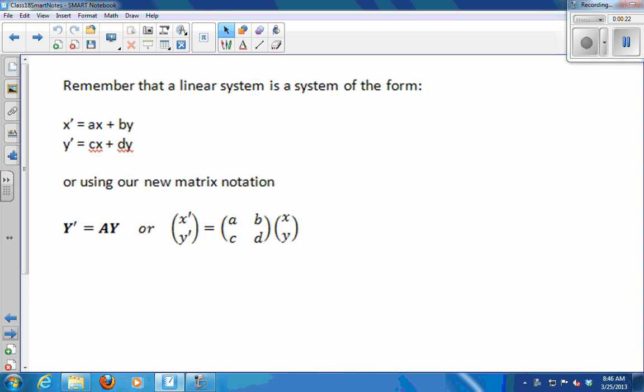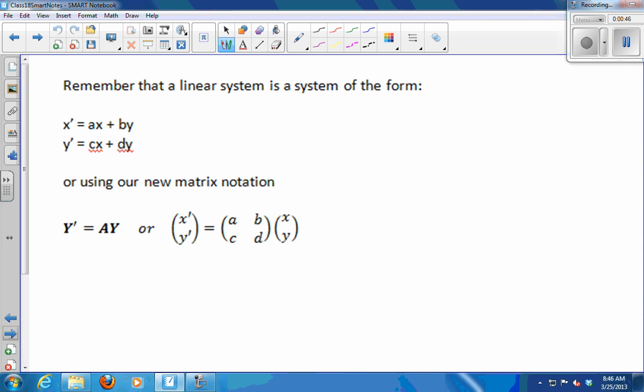And one of our big conclusions from last class was that this system will always have 0, 0 as an equilibrium point. And the only way it can have an equilibrium point other than 0, 0 is if what? Close, yeah, you kind of are remembering.